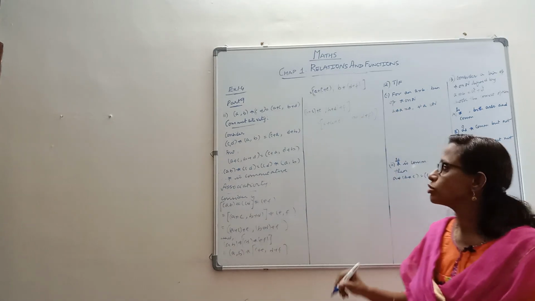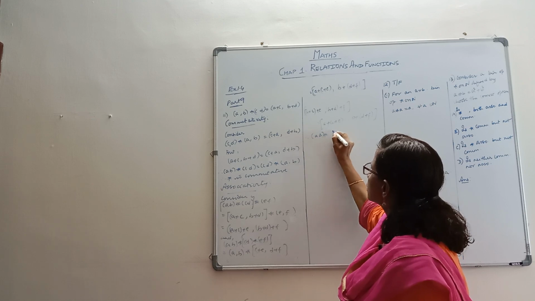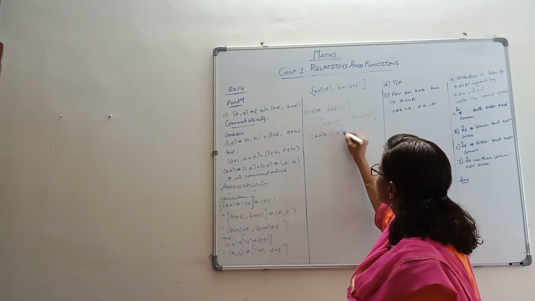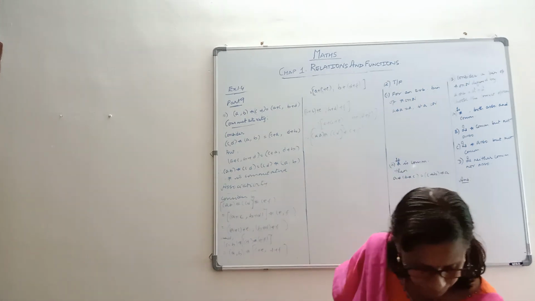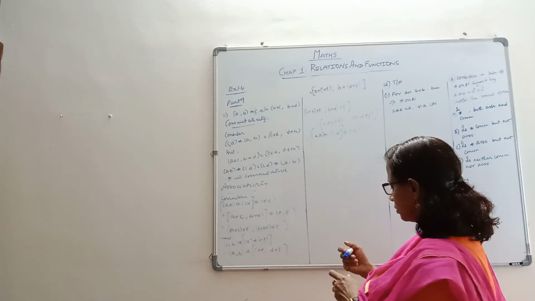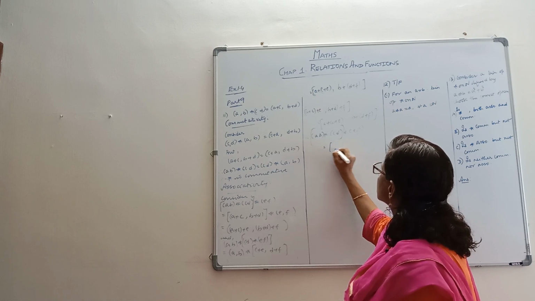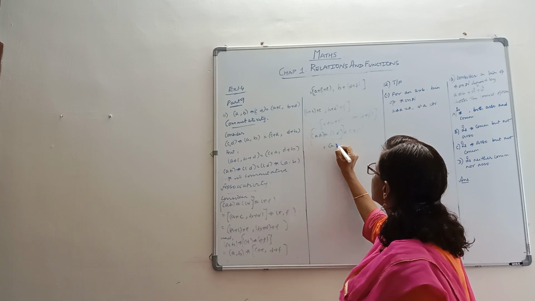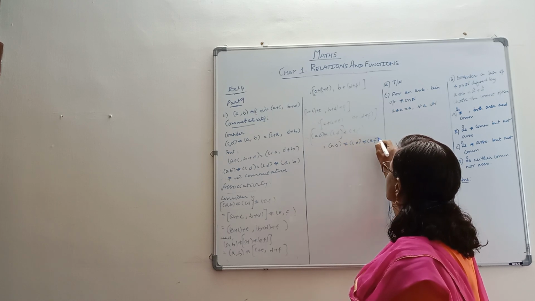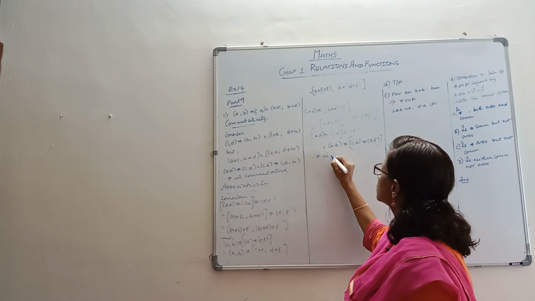These both are equal. So because these both are equal, you will have (A, B) star (C, D) star (E, F) is equal to (A, B) star ((C, D) star (E, F)). So therefore star is associative.